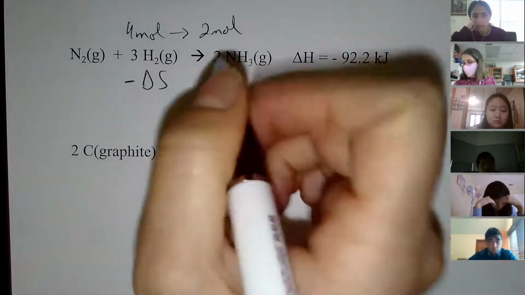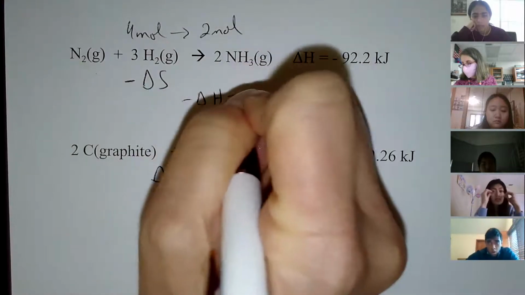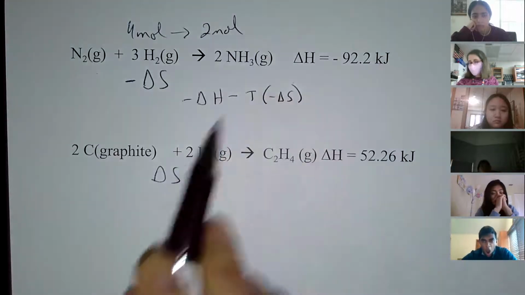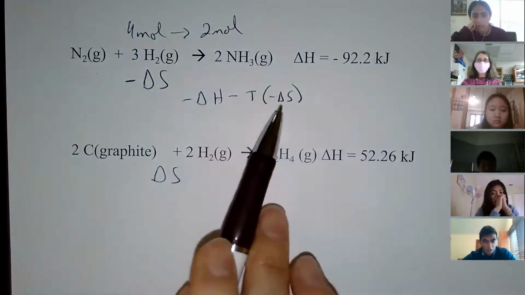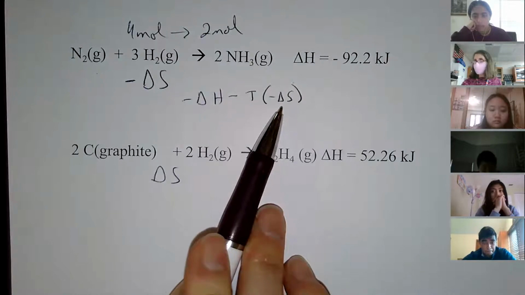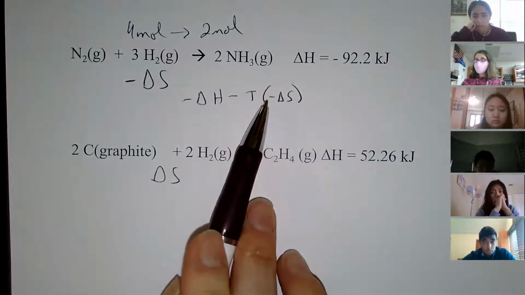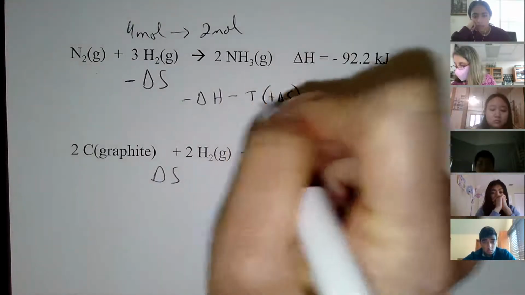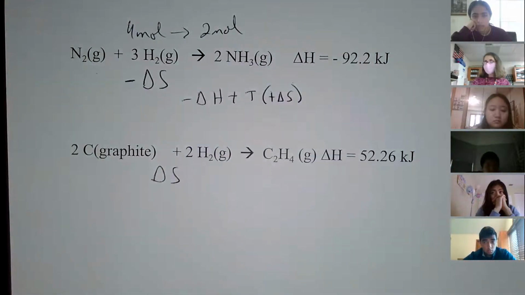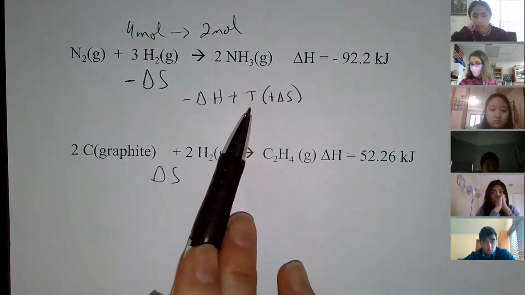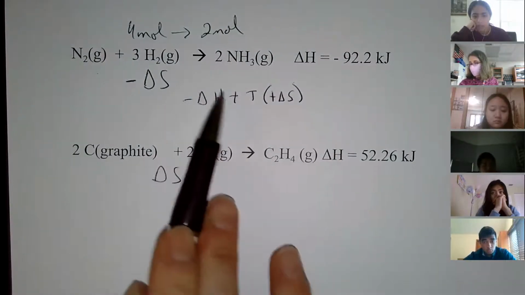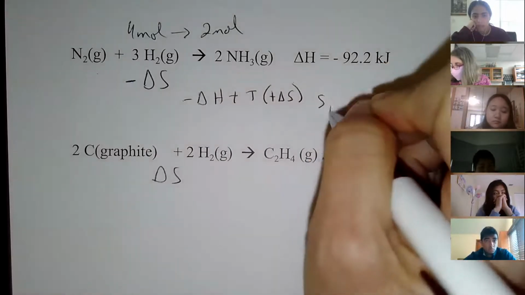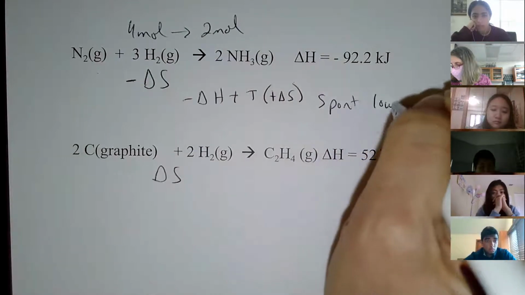My delta H is also negative. If I plug this into my delta G equation, my delta S being negative multiplied by a negative T is going to make that a positive value, okay? If I want my overall result to be negative, I want my T to be low. So I'm going to say that this is spontaneous at low temperature.